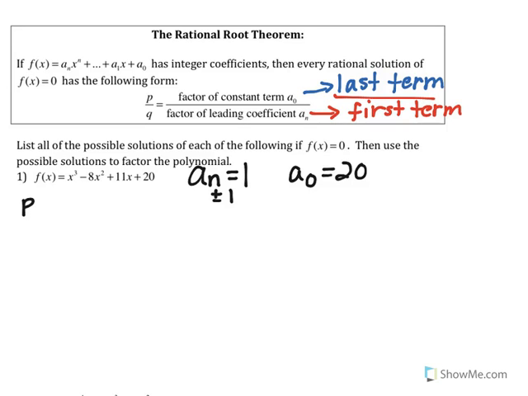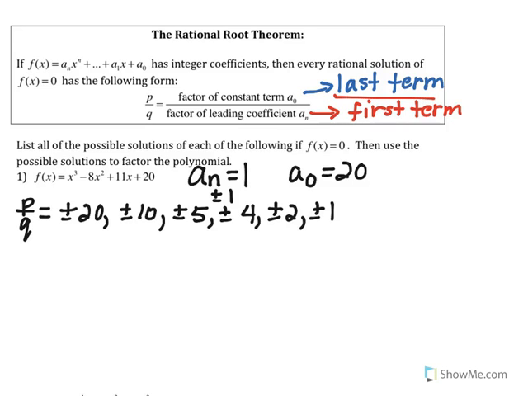So all of our possible factors, p over q, are going to be plus or minus 20, plus or minus 10, plus or minus 5, 4, 2, and 1. Usually when you start off, you start with trying an easy one like a positive or a negative one.